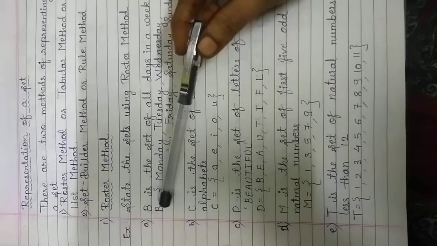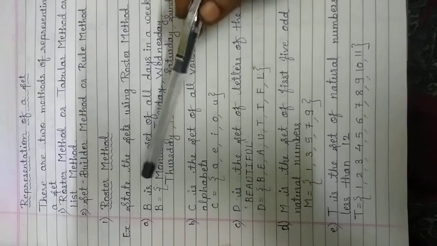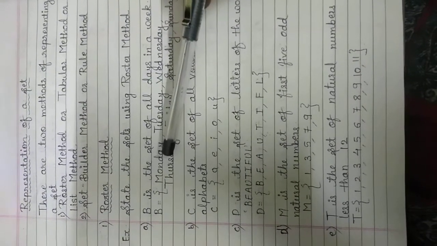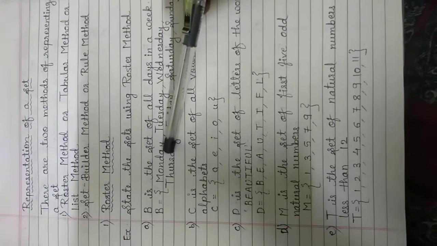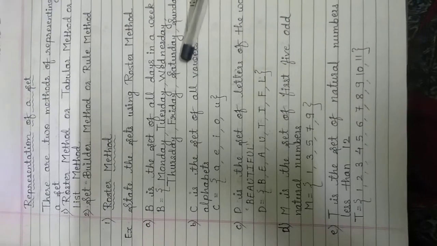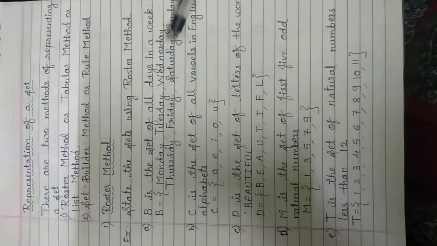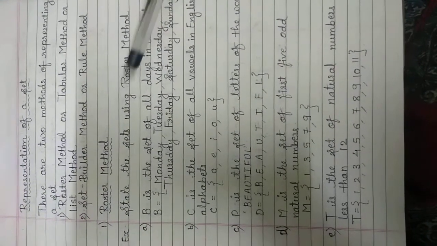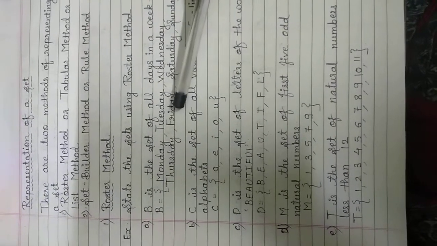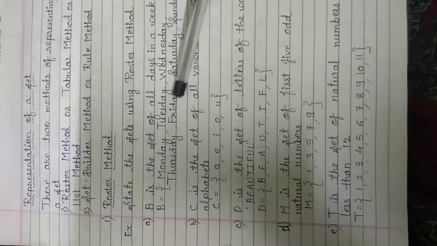So the answer will be B is equal to, in curly brackets we will write all days of a week: Monday, Tuesday, Wednesday, Thursday, Friday, Saturday and Sunday. So this will be the answer. The given set B we have stated in the form of roster method.